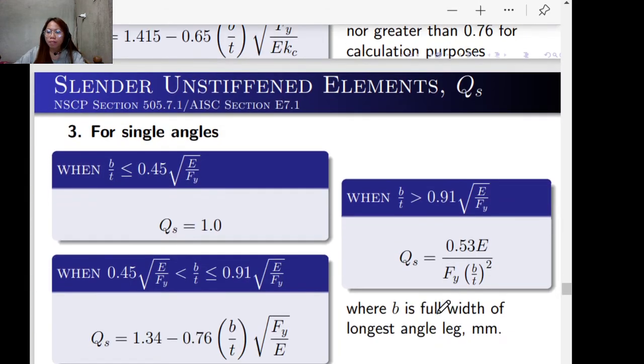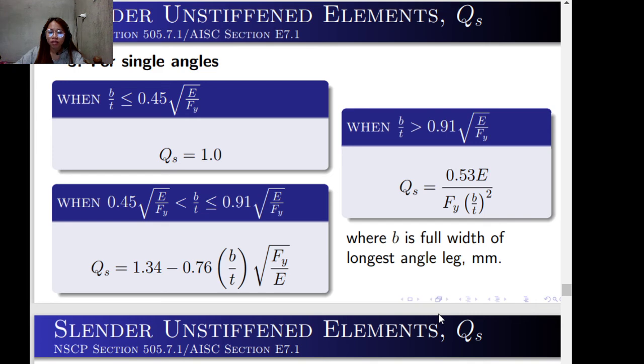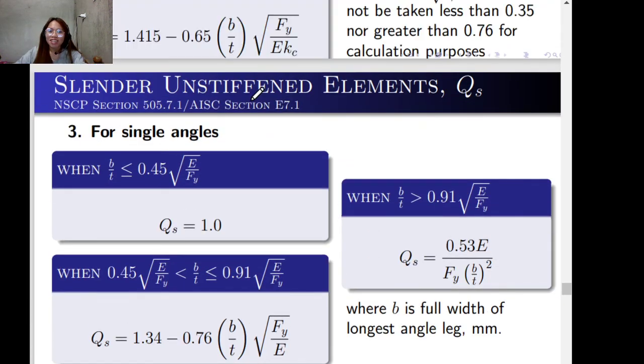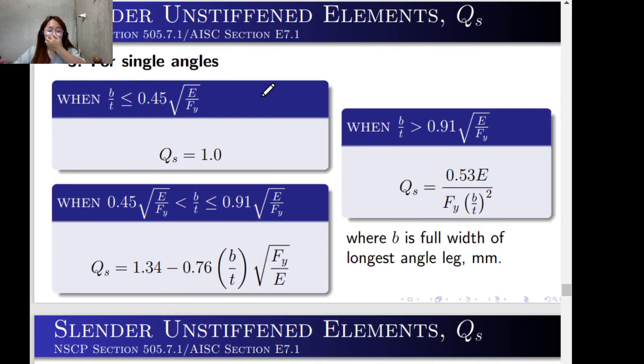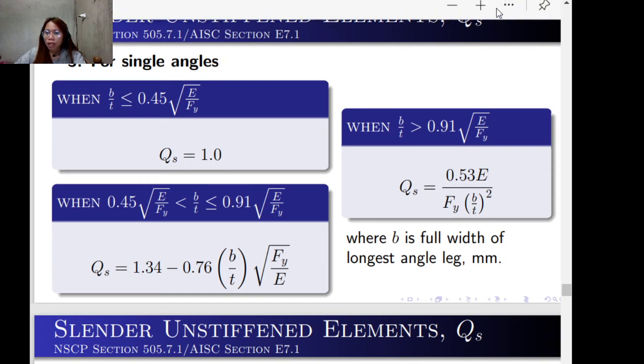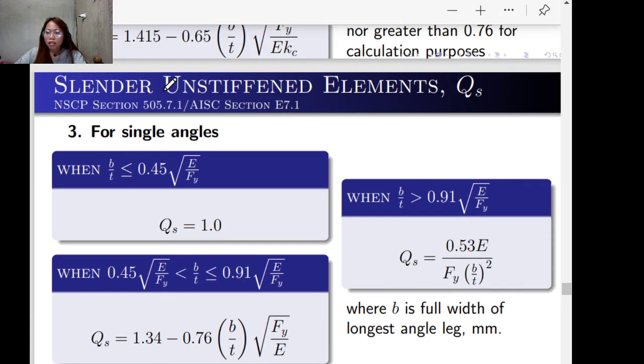For single angles, like angle bar, the Q sub S for unstiffened elements: if b over t is less than or equal to 0.45 square root of E over Fy, use Q sub S equal to 1.0.